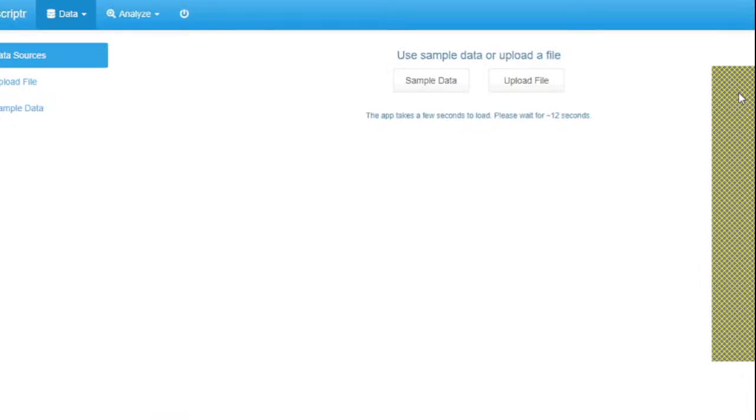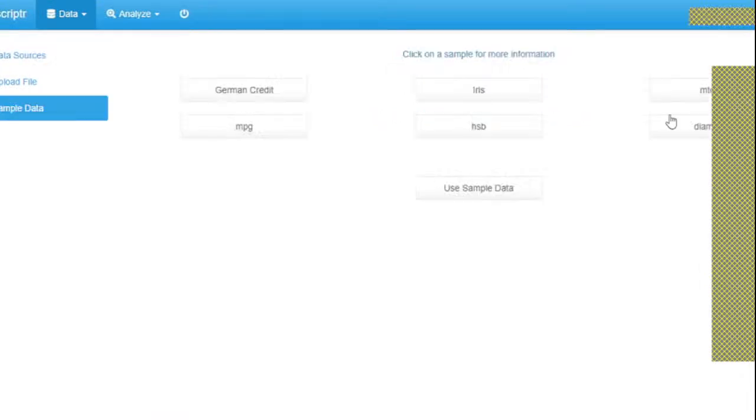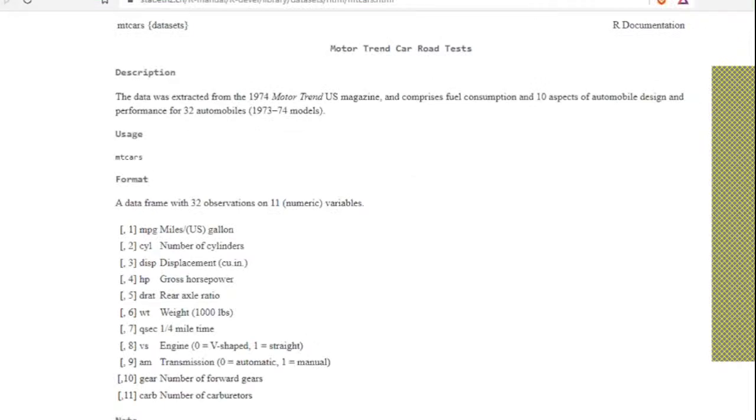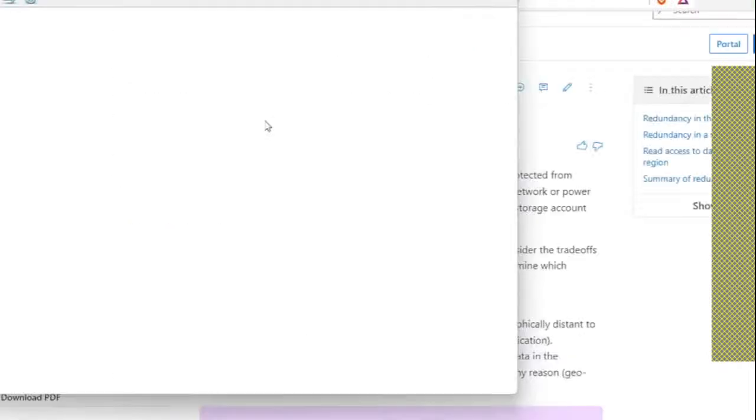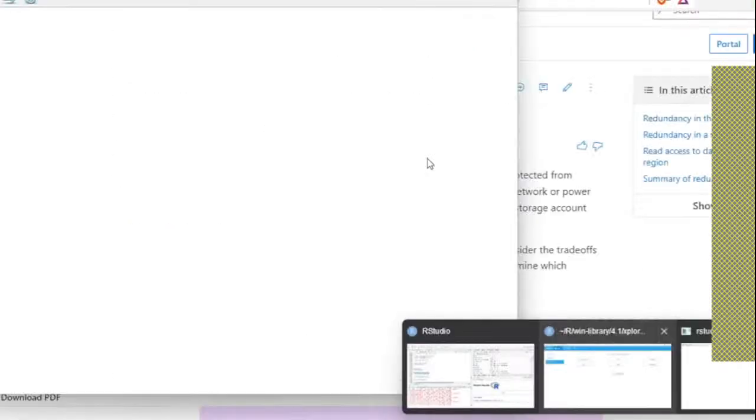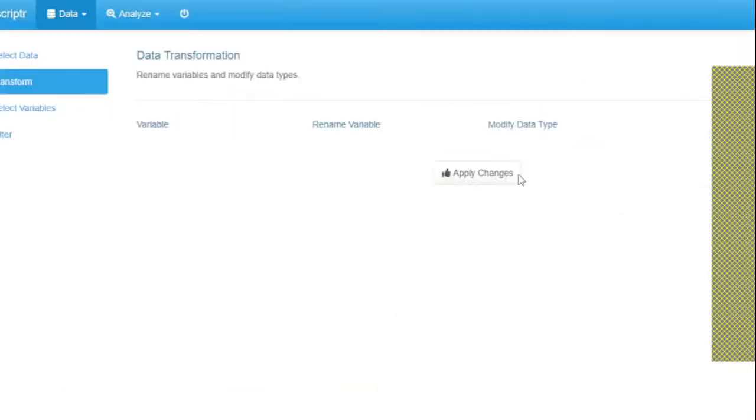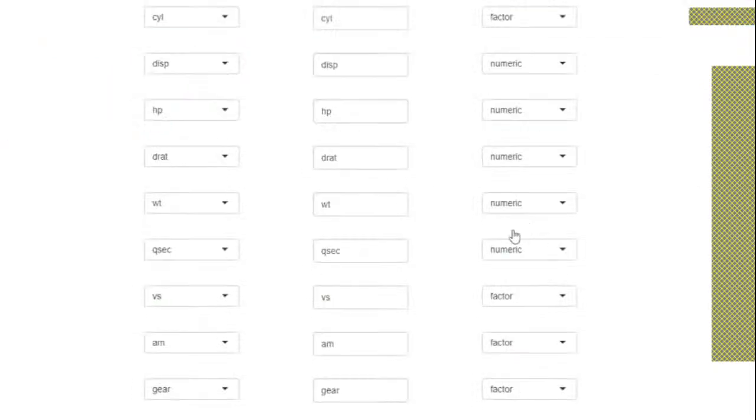Okay, got it, Saurabh. Good. Select mtcars. Use sample. If I want to change, I can change.